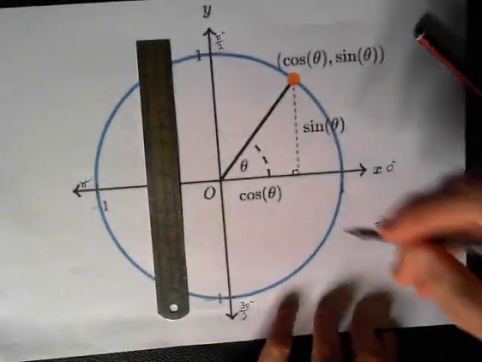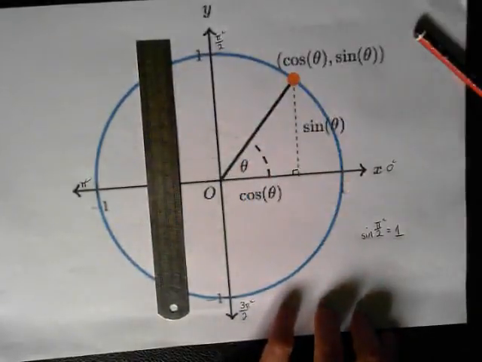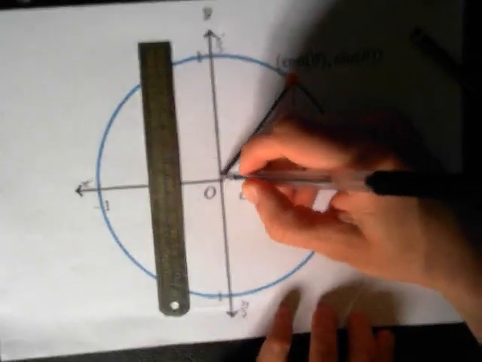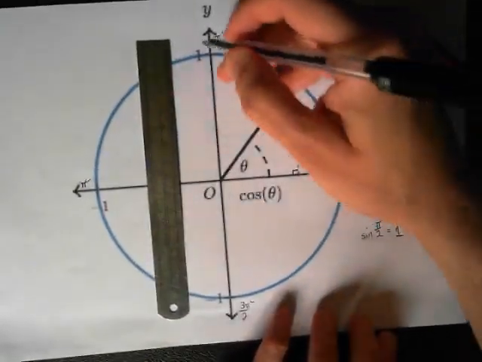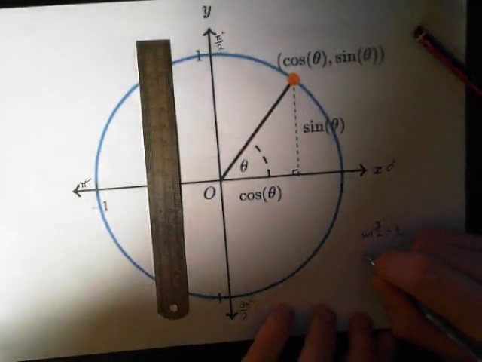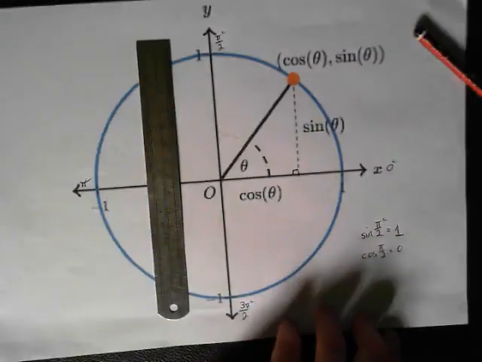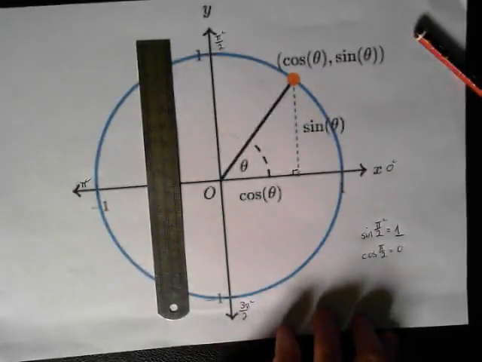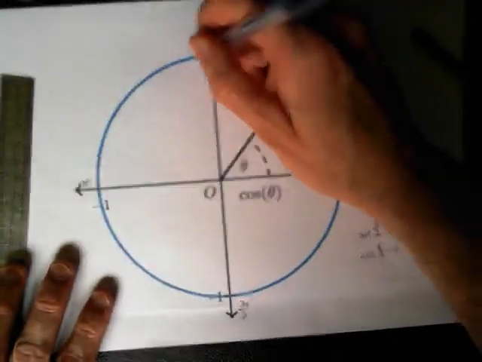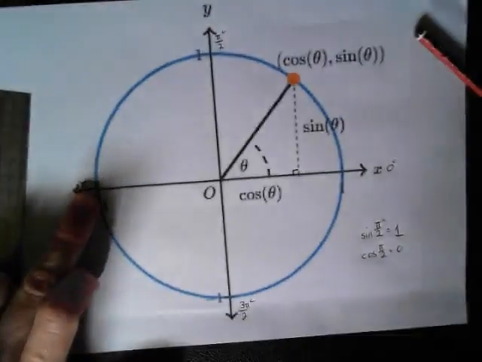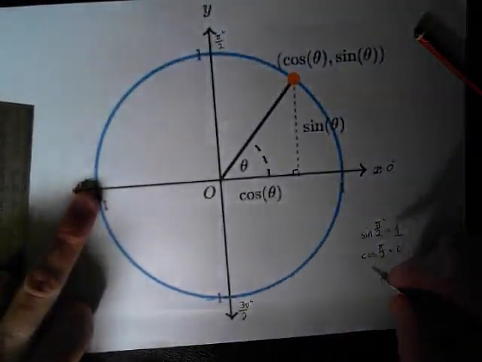And what's the cosine? Cos of pi on 2. Well, it's the horizontal component, and there is none. So cos pi on 2 equals 0. Now if we go round here again, what's the sine of pi?